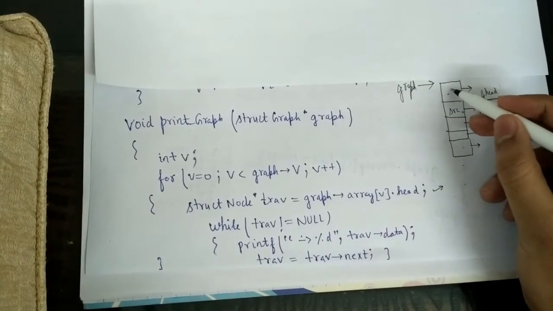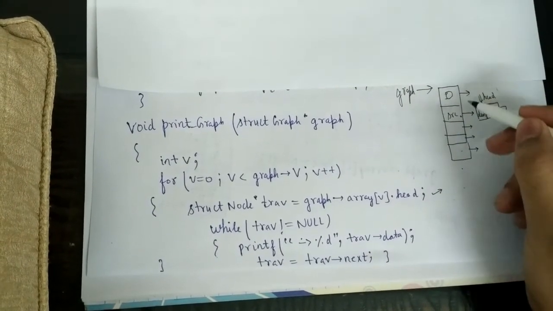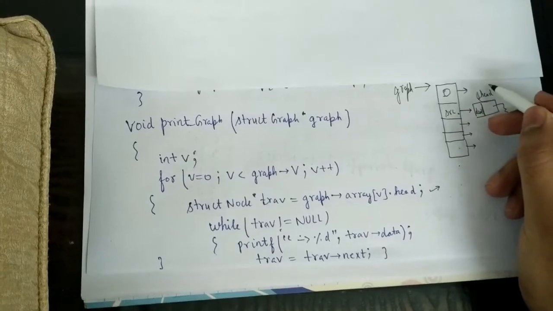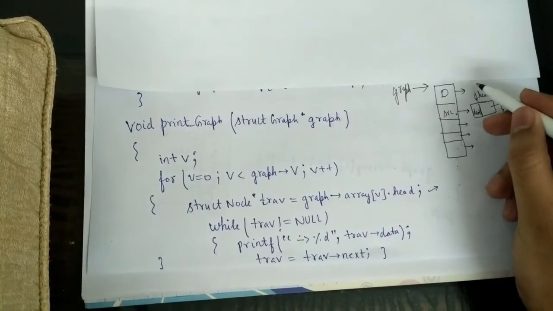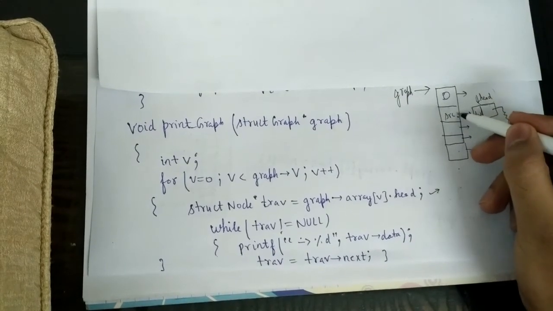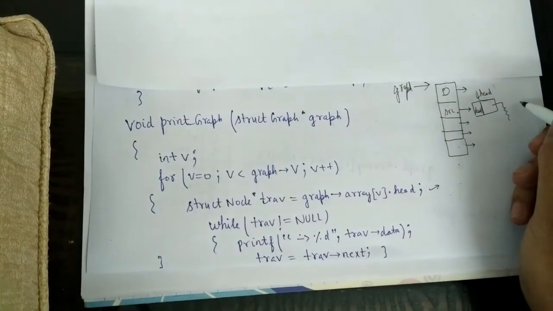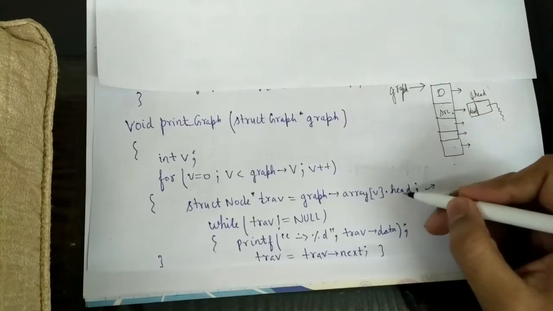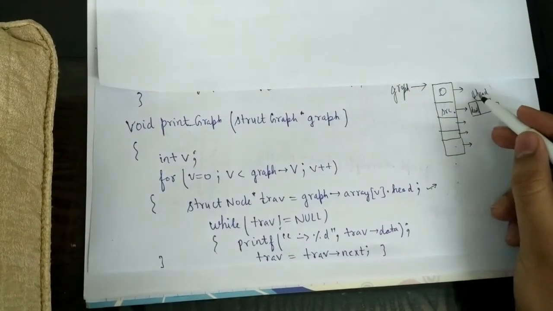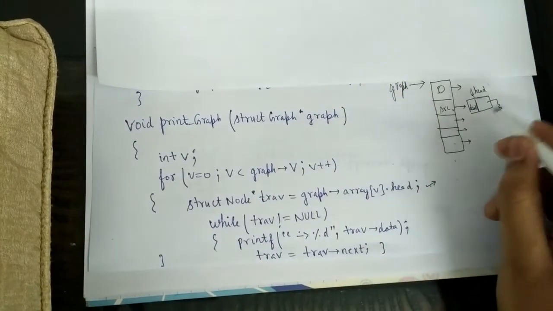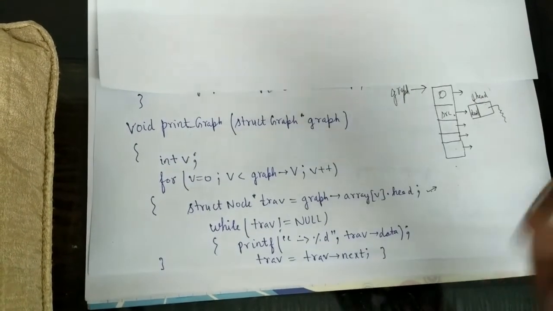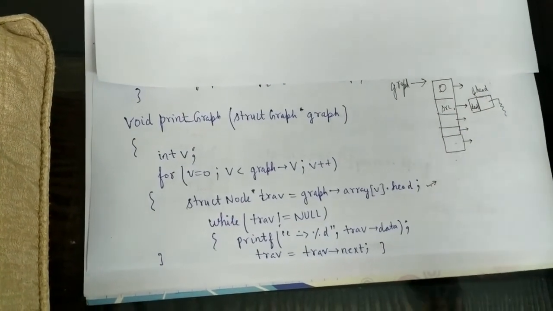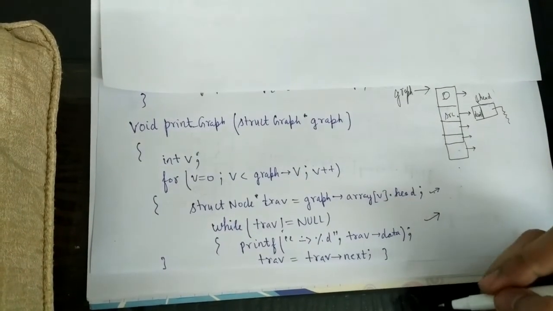At first it would point to the adjacency list corresponding to this array index. It would print all the data that is attached to this adjacency list, then it would go to the next index. It would traverse this whole adjacency list and print it. So we would create a pointer named traverse that would point to the head of that adjacency list. While traverse is not null, we will print the data and move that pointer to next till it is null. So this function would print the data for us.